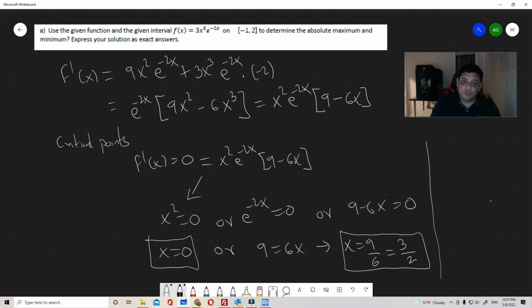Now, because we are in a closed interval and this is a continuous function, then we can apply the extreme value theorem and just evaluate on all the critical points and the endpoints, and we're going to have our maximum and our minimum. So let's plug in -1, let's plug in 0, let's plug in 3/2, and let's plug in 2.